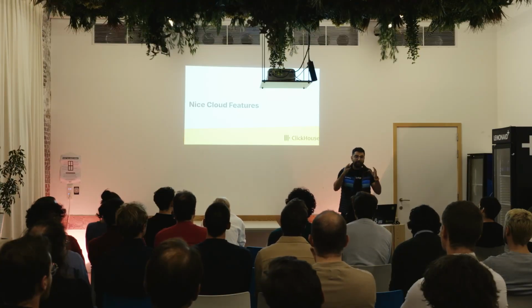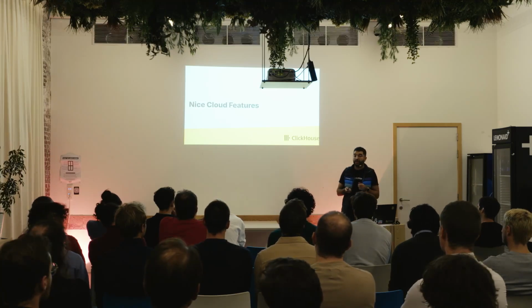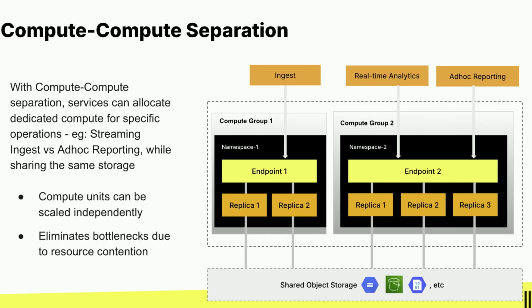So the ClickHouse database is very cool, but our mission at ClickHouse is to build nice features on top of it for the cloud. One of the coolest features we have is compute-compute separation. At the first level, we separate the compute and the storage, and now we separate the computes to isolate workloads.